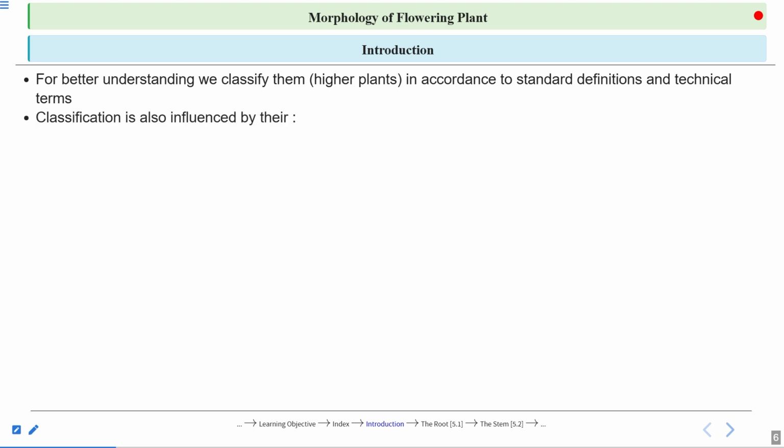Classification is also influenced by their adaptation to the various environmental habitats, because plants have to get adapted to different environmental conditions or habitats, right? So they are influenced by that.